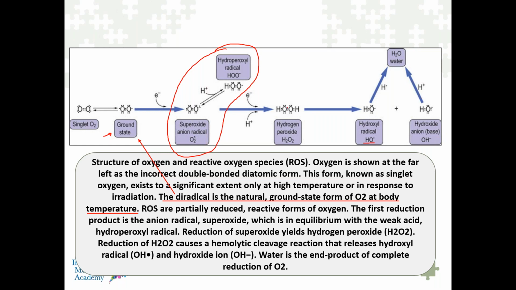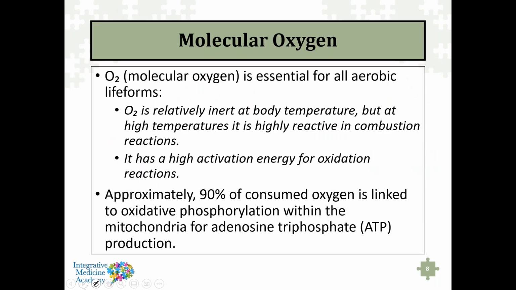So we need various enzymes to help us. We have superoxide dismutase, catalase, and glutathione that help prevent excess formation or accumulation, particularly of the hydroxyl radical, which is extremely toxic in biological systems.